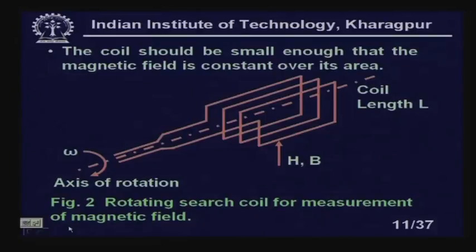And as I told you, the smaller the size of the coil, obviously you will get better results. It is worth mentioning that the size of the coil should be very, very small. So, the constraint is that the coil should be small enough and the magnetic field constant over its area, and this coil should move at a sufficiently high speed. This is another important thing to get a steady state value.